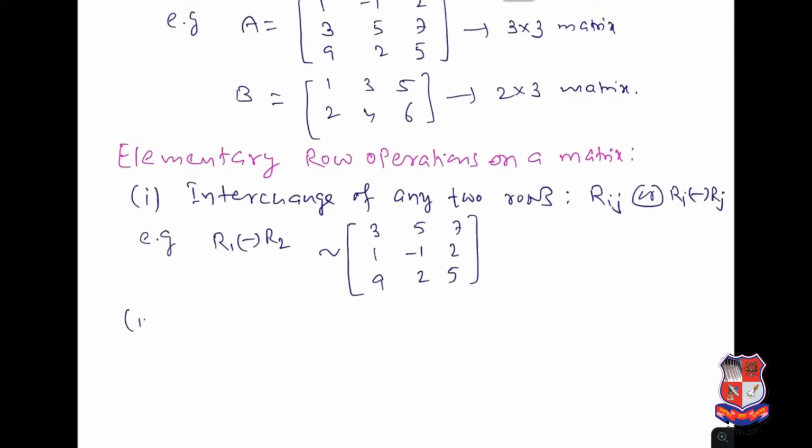Now the second elementary operation is the multiplication of the elements of any row by a non-zero number.